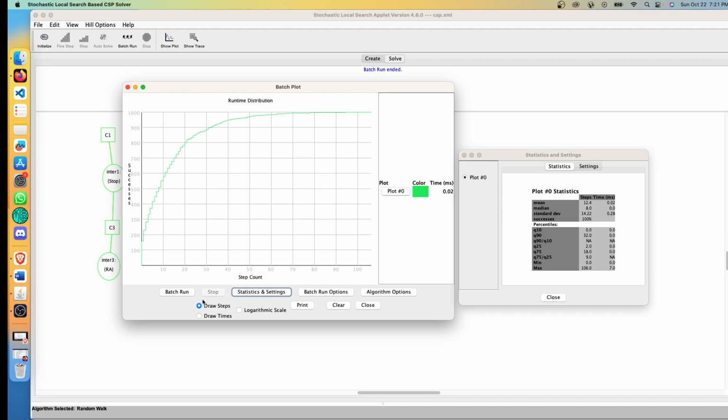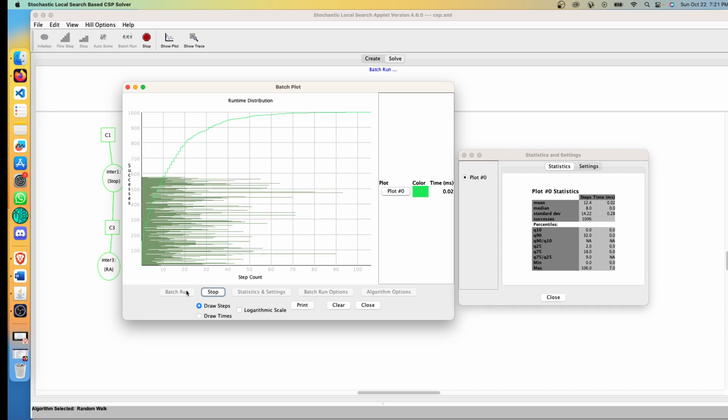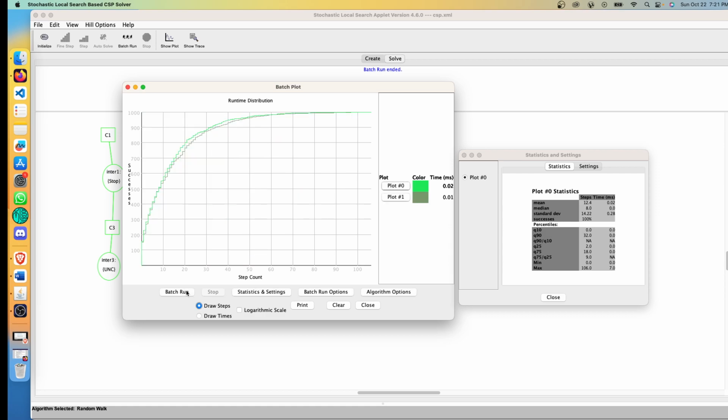If we run it again, as you can see, this time the max was 101 and the 90th percentile is 34 steps with a mean of some 13.